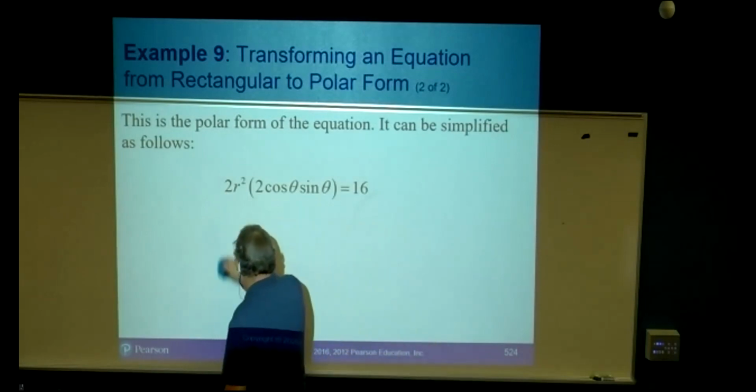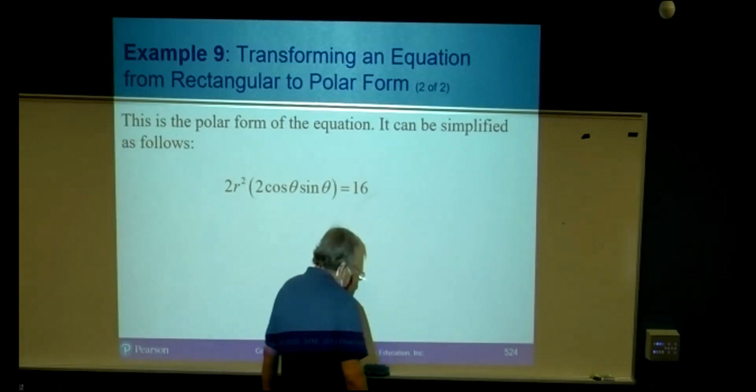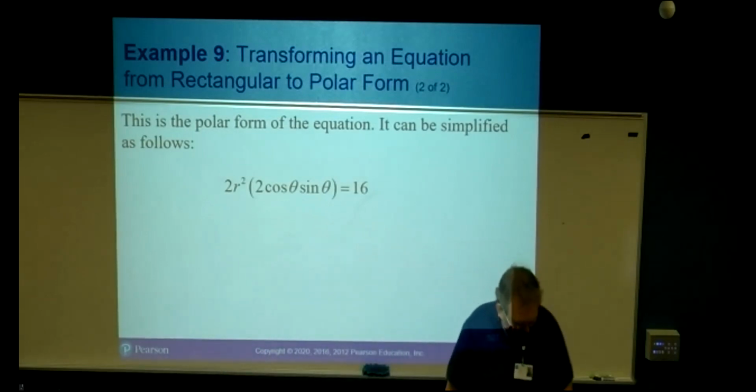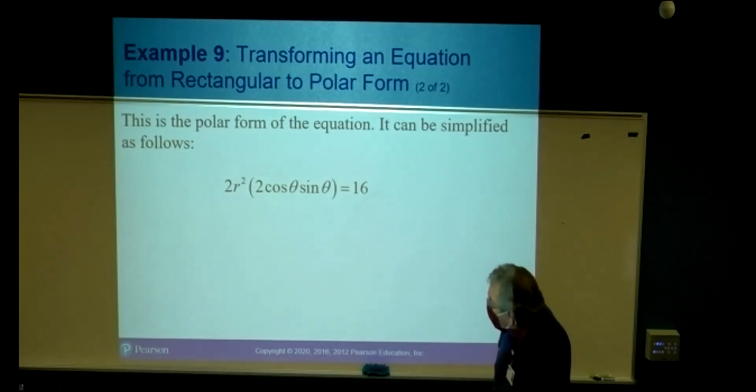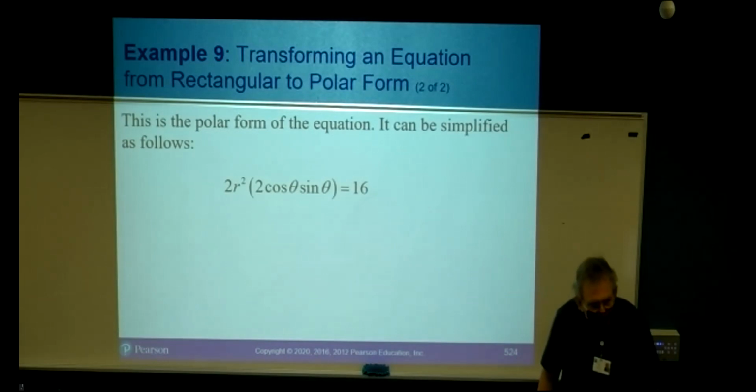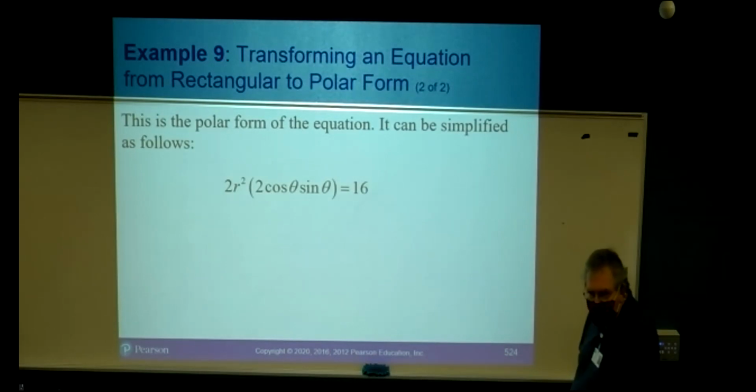Mathematics is taking things apart and putting them back together again in new and interesting ways. Now I know 2 cosine theta sine theta, that's one of the double angle formulas. Isn't that sine 2 theta? Yeah.